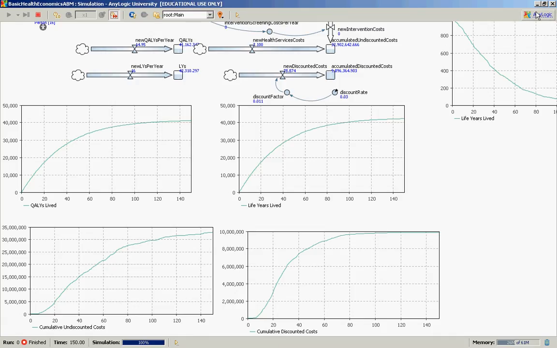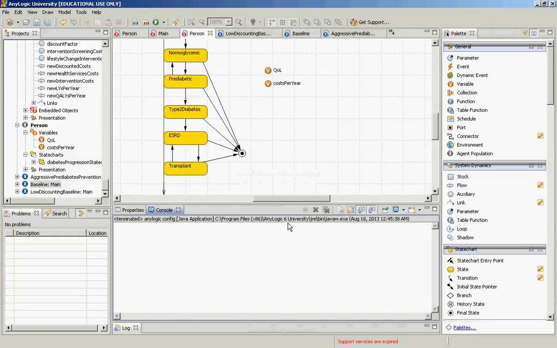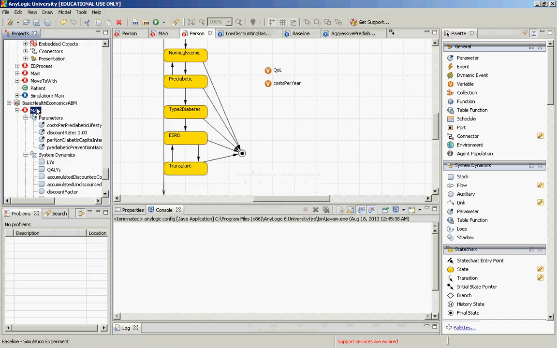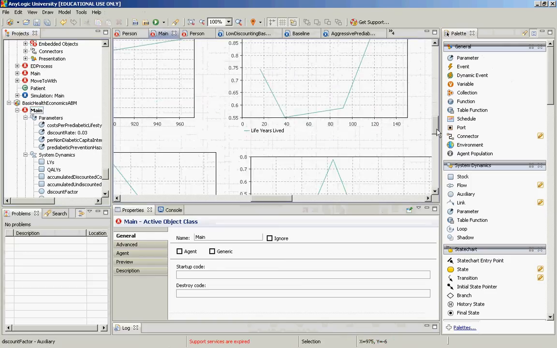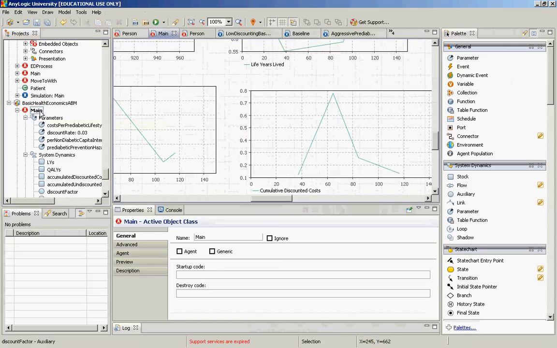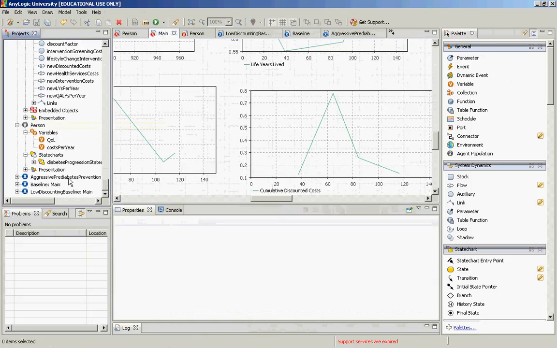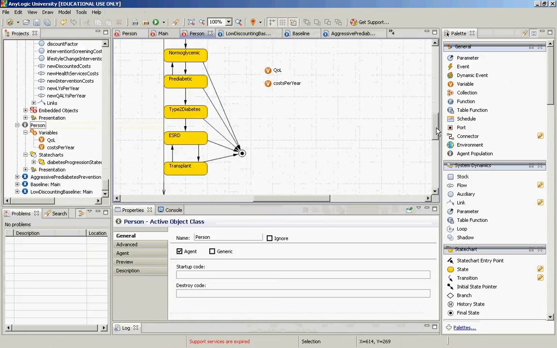Okay, so in short, we have taken into account a bunch of common factors: quality-adjusted life years, life years, discounted costs, and undiscounted costs. We have taken into account several types of costs, most notably costs for being in a state on a per year basis, totaled up across the population, and then also event costs associated with the transplant.